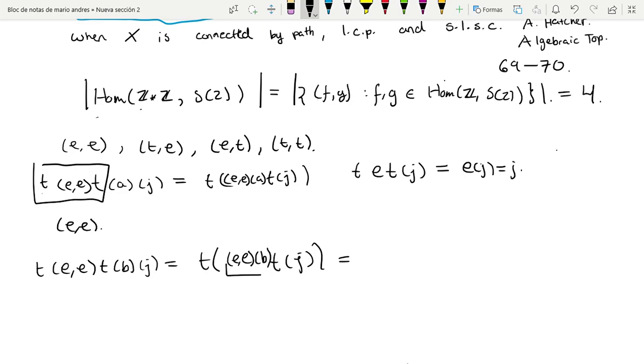Well, this is again the trivial element of S2. So again we get that this is J. So this conjugation of this morphism is just the same, right? It is the identity. So its conjugacy class is itself, right?